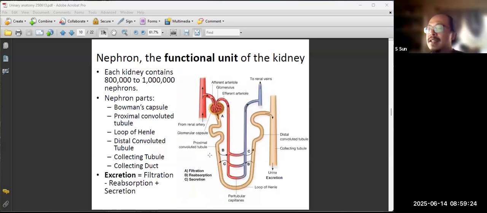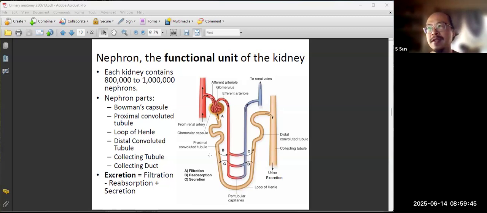So the nephron is the functional unit of the kidney. Each nephron has a function to filter the blood, to generate the urine. So kidney function is commonly assessed by the filtration capability.